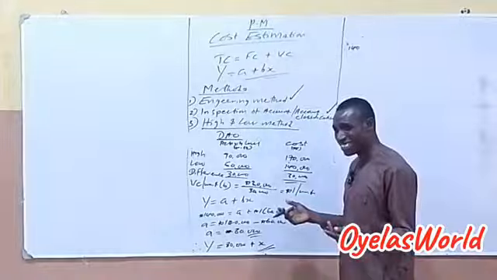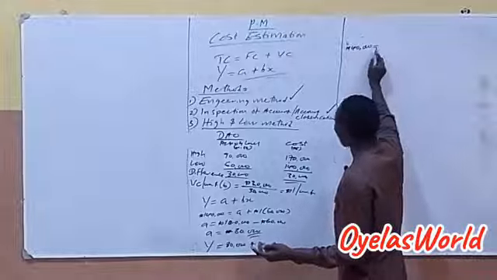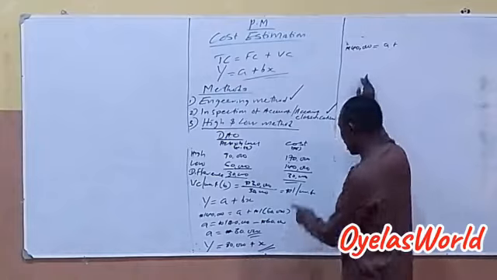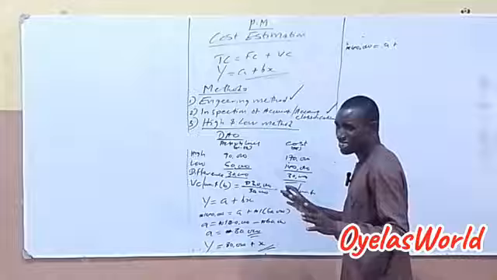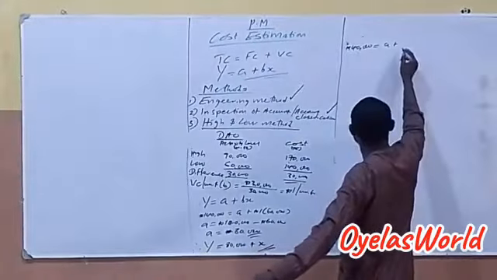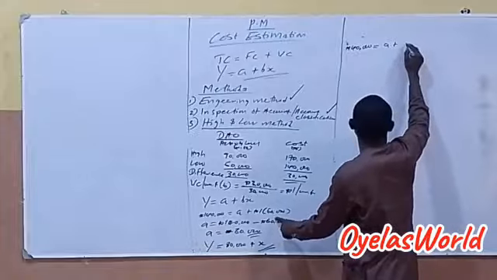This is 140,000 equals A, which is unknown, plus 1 times 60. 60, right? So 60,000.